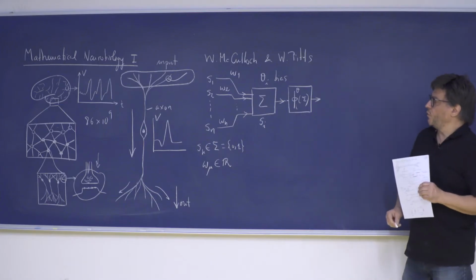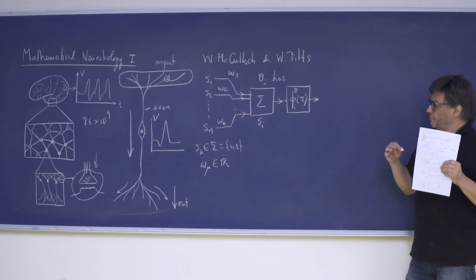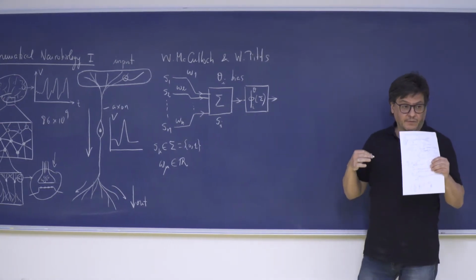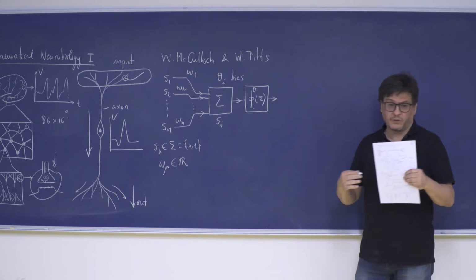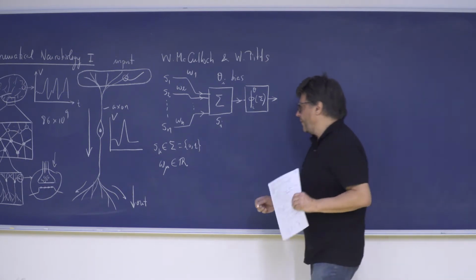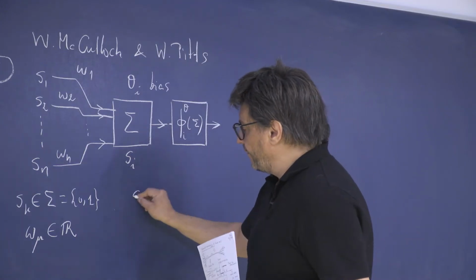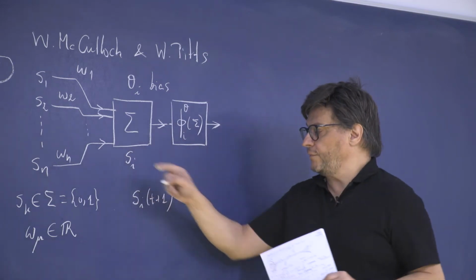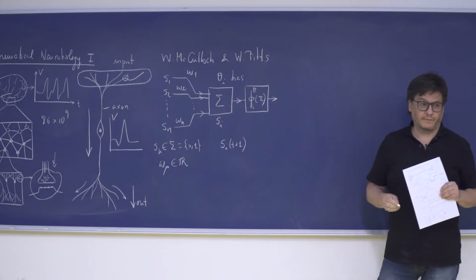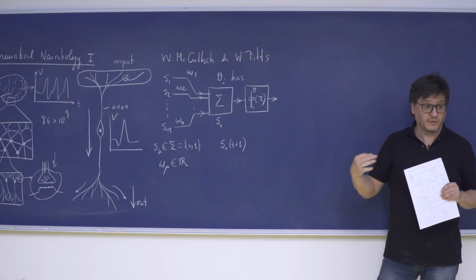All right, so how did McCulloch and Pitts actually define that? What is this function? Very easy, and you'll find in the literature there's a number of variations on the theme, but the simplest case is the state of this neuron at time t plus 1, again, time in here is discretized, right?